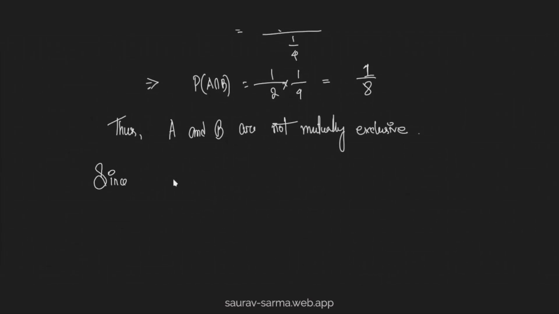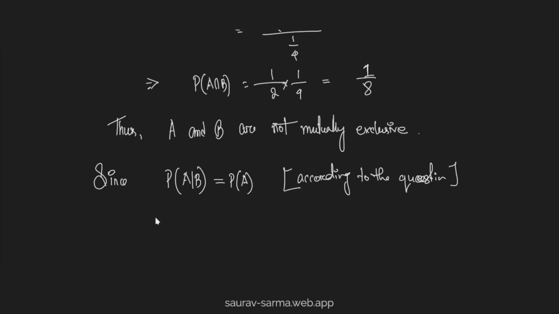So itu enake likhilo: since probability of A given B is equal to probability of A according to the question, therefore A and B are independent.